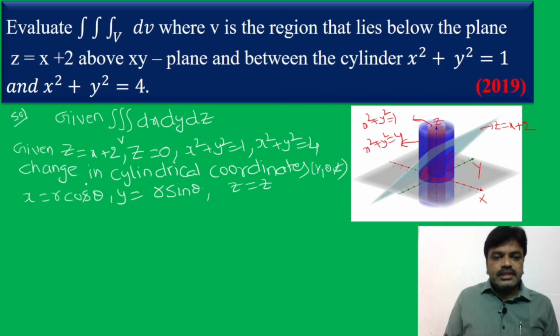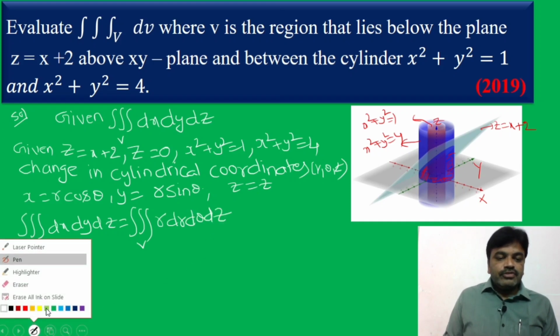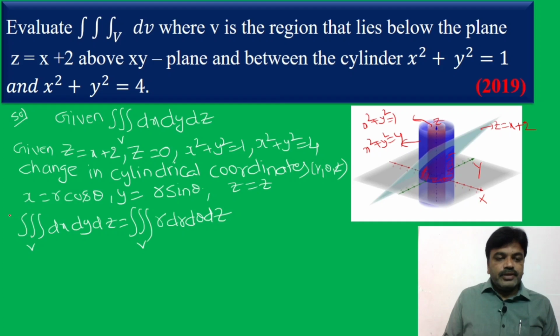Now this integration, the triple integral over V dx dy dz, becomes the triple integral over V in cylindrical coordinates, where dx dy dz becomes r dr d theta dz. This is our formula.